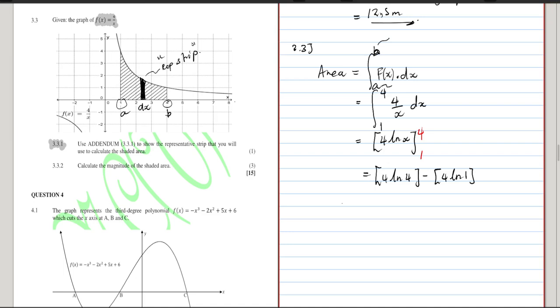Close bracket, then I get 5.545 units squared.